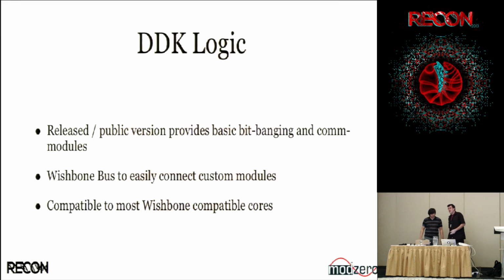Okay. Yeah. Using the Wishbone bus, it's also easy to publish your own modules. You can easily exchange modules that are compatible with the Wishbone bus. It's an open source bus.